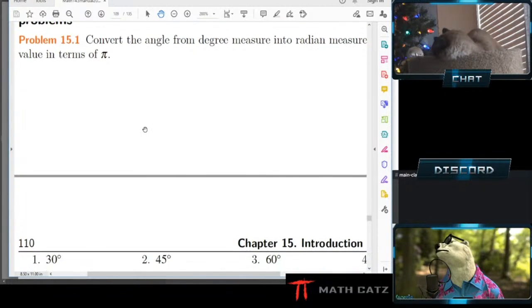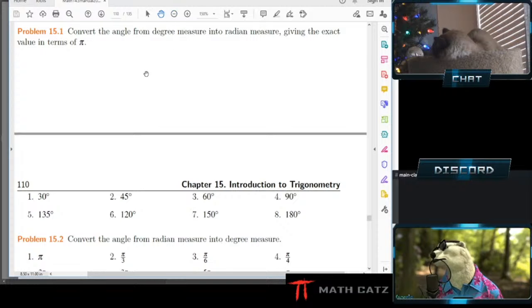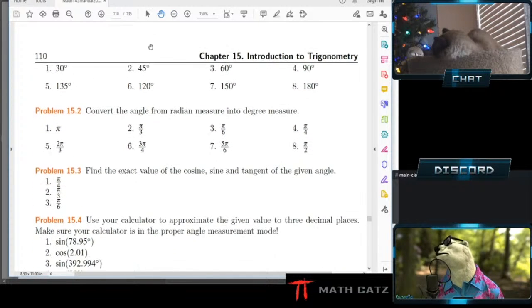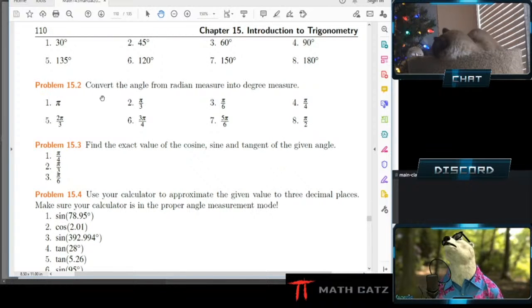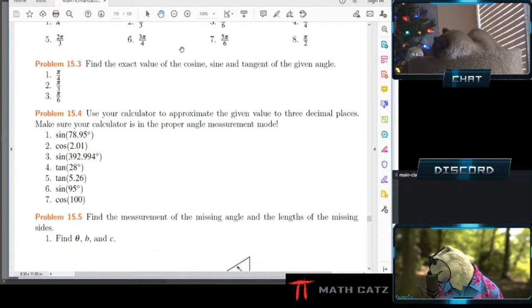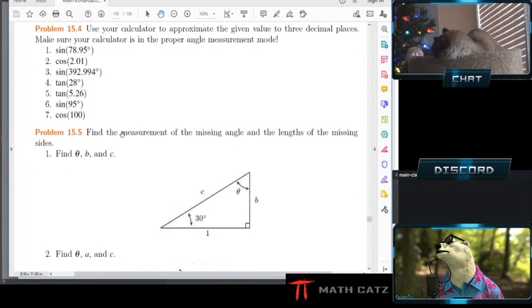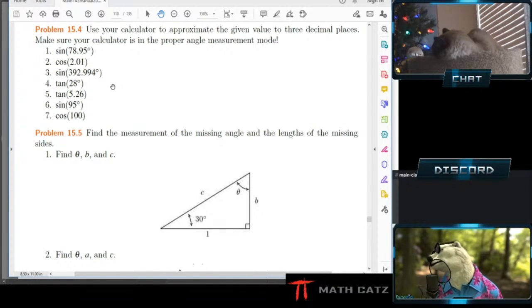In the meantime, there are some problems you can practice. 15.1 is a conversion problem, which you might have done already. 15.2 is a conversion problem in the other direction. Problem 15.3 is ones we sort of just did. Find the cosine, sine, and tangent of these angles. And then you can also practice your calculator use, which is important, in 15.4.